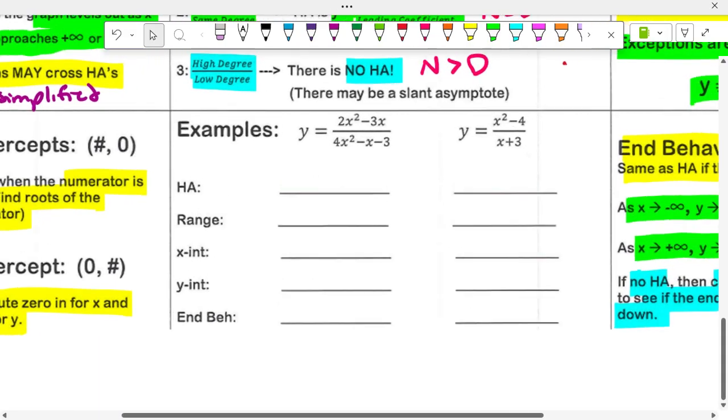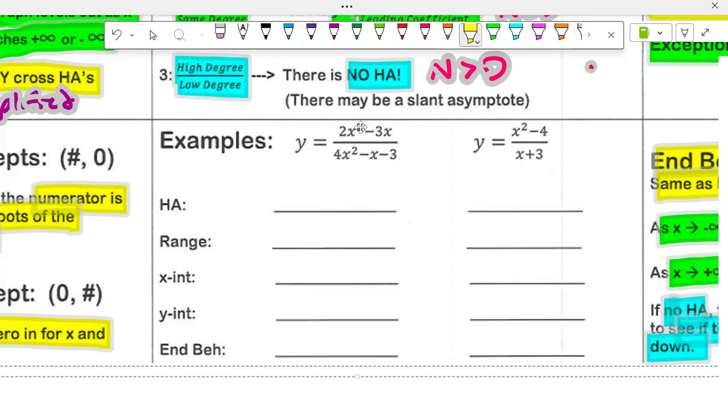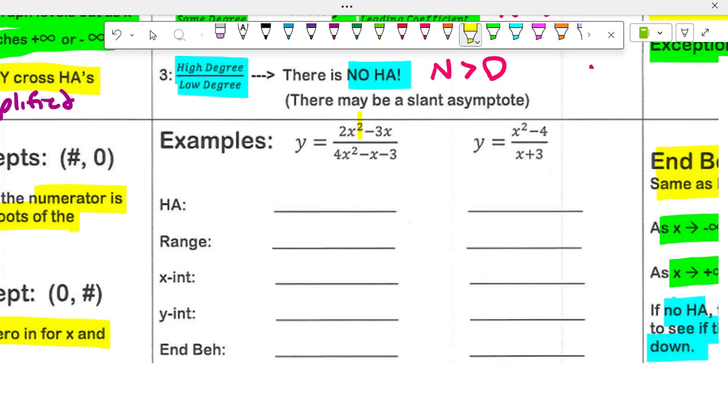But, horizontal asymptote. All right, so look at this first one. What's my degree of the top? 2. What's my degree of the bottom? 2. So are my degrees the same or are they different? They're the same. So how do I find the horizontal asymptote? It's the leading coefficients, which are what? 2 over 4.